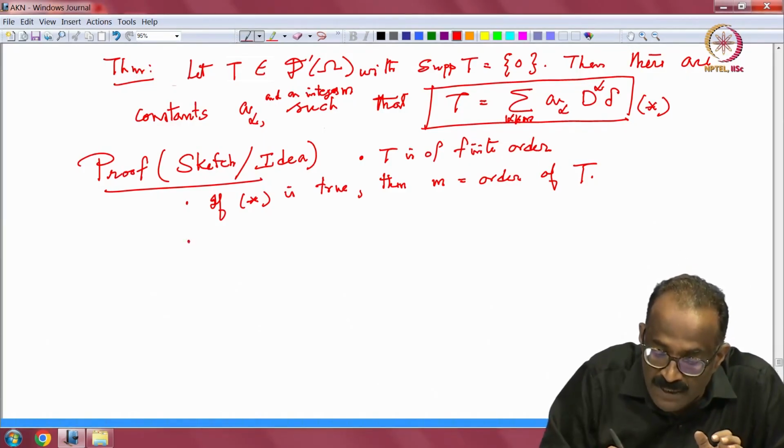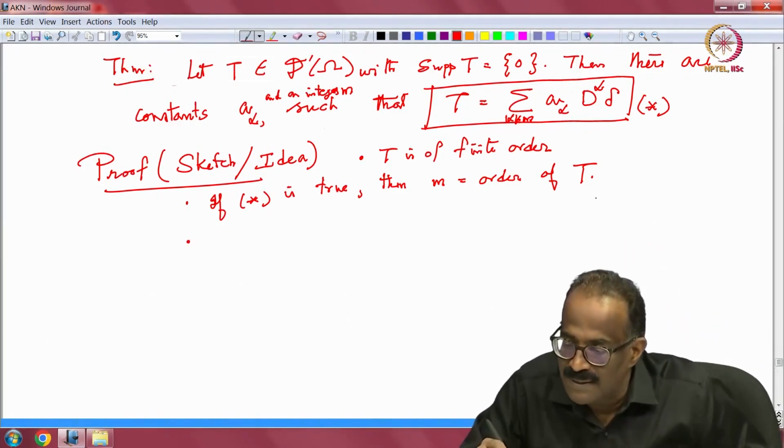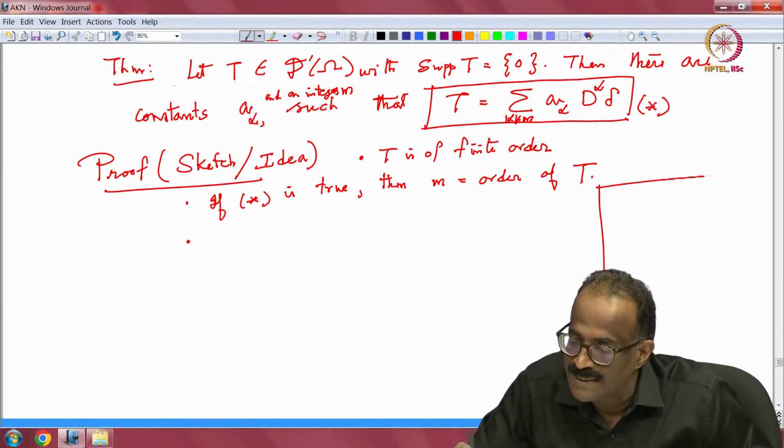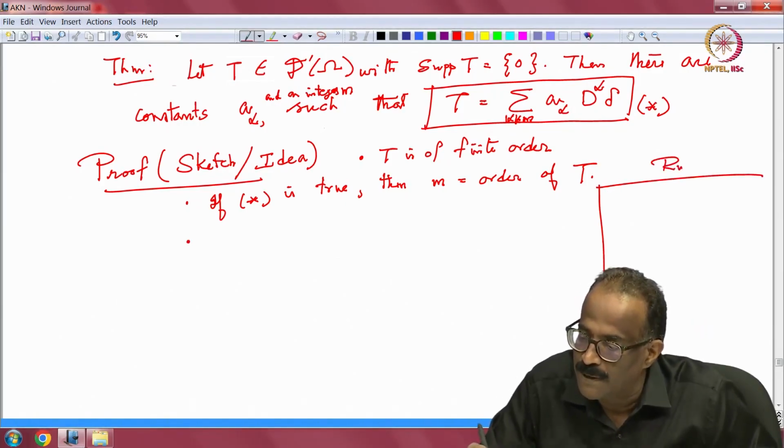Now, it is about the functional analysis. I will just remark, if you want, you can see this in Rudin's reference.